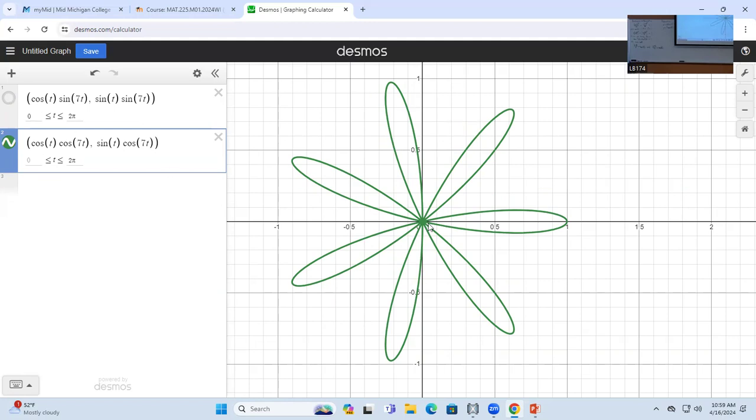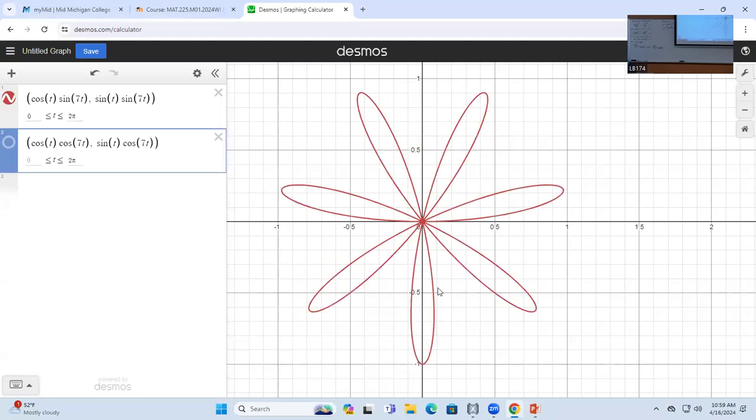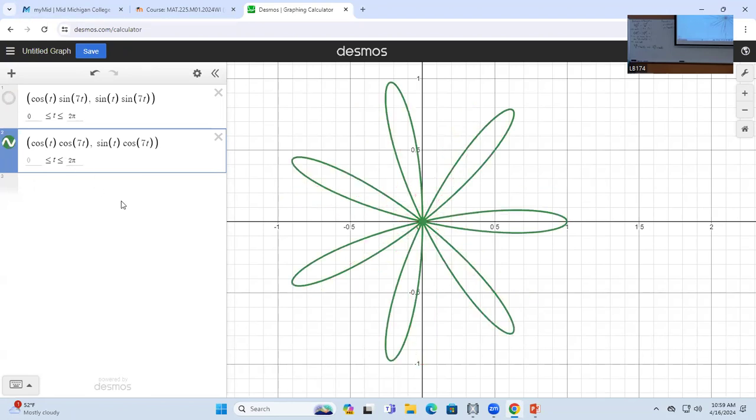One of the main petals is on the x-axis when you do cosine. And one of the main petals will be right along the y-axis if you do sine. Does that make sense? So that's the difference between using sines and cosines. I know the book didn't have that, but that's just kind of an interesting thing. So these rose curves are also an interesting picture that you can get.